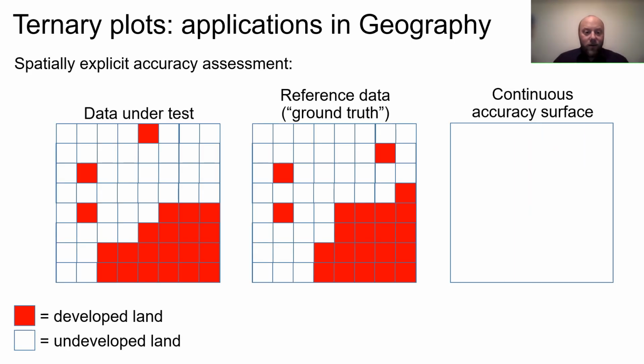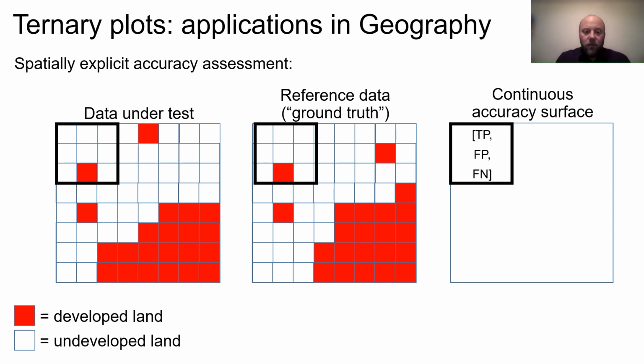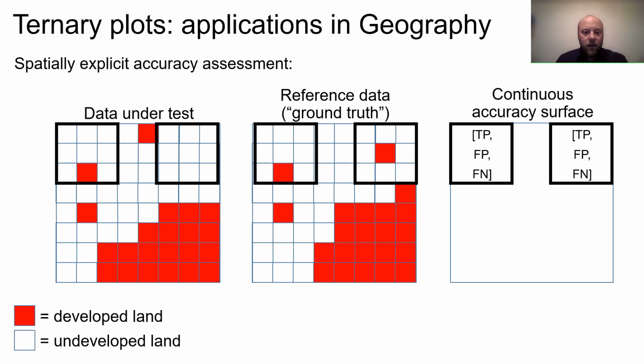And one way to do this, and this is one of the strategies that I pursued as part of my dissertation work, also during my postdoc, is to use so-called focal windows, which are these black rectangles that we see here. For each of these sub-regions of our study area, we will calculate the number of true positives, false negatives, and then ultimately come up with an accuracy measure for each of these focal windows.